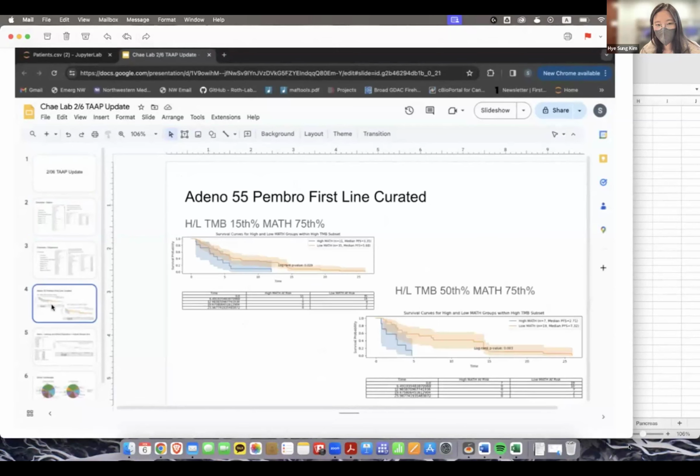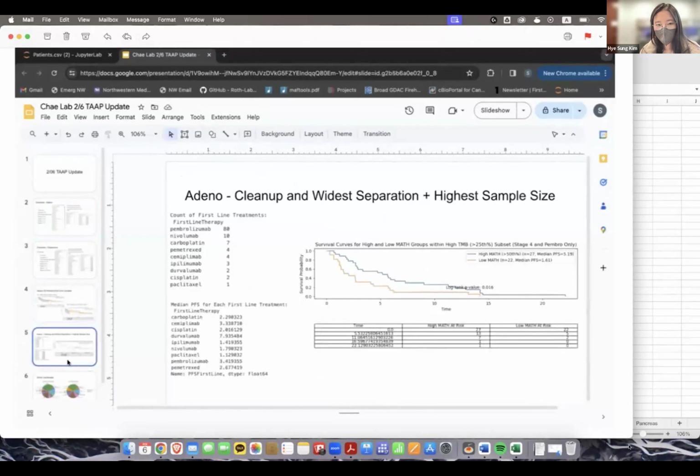and found that the best separation at the highest sample size with the lowest p-value was generated by just Pembro, basically filtering for patients that were stage 4 and just received Pembro as their first line.